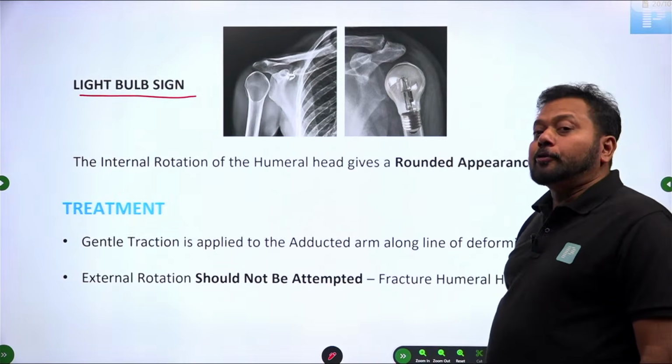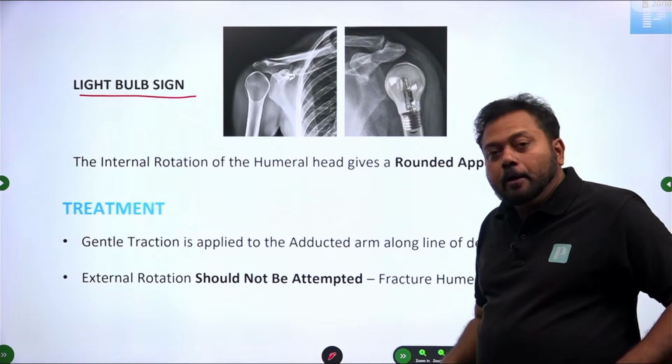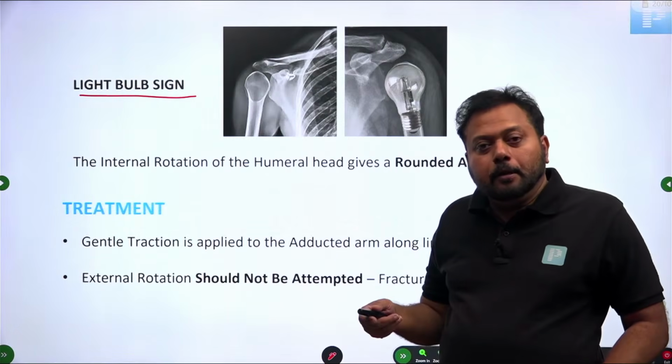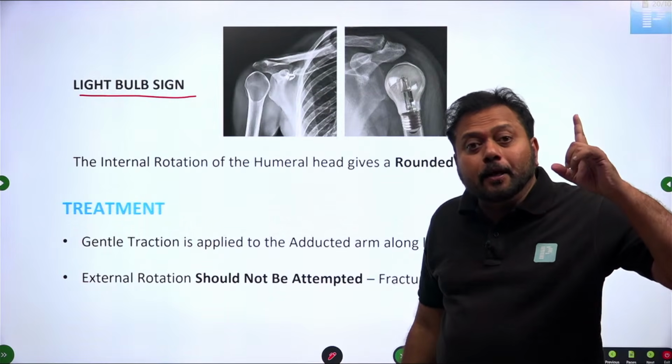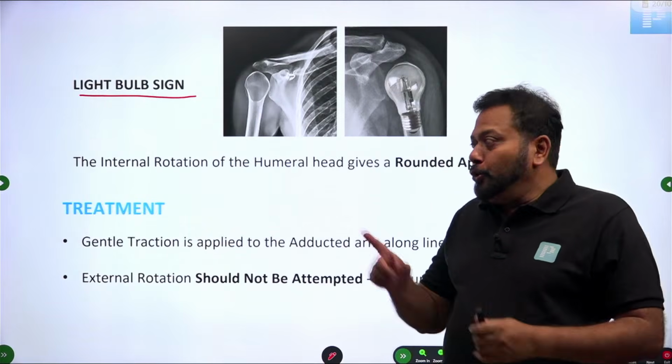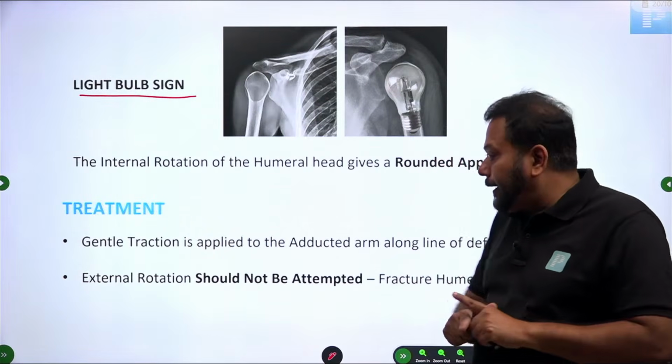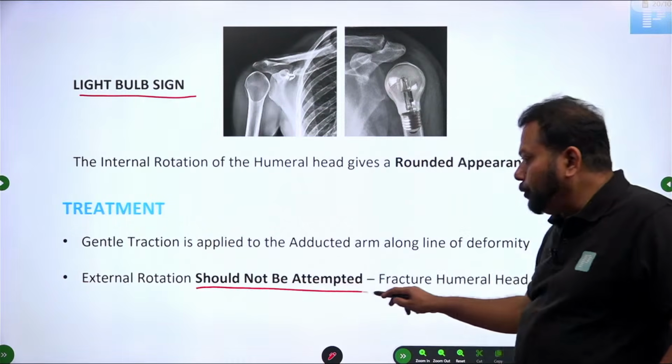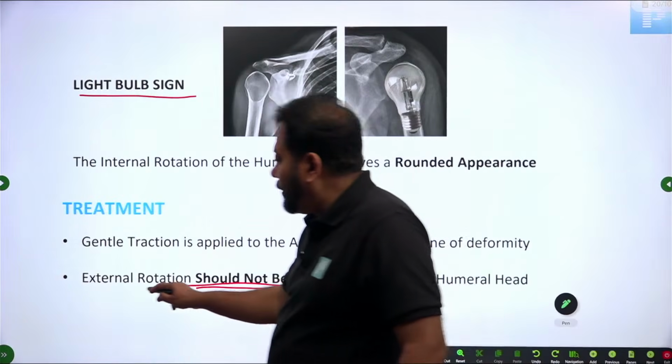In treatment of posterior shoulder dislocation, you should give traction. In anterior dislocation, what I said, Kocher's method, is traction and external rotation. You should never ever attempt external rotation in posterior shoulder dislocation.